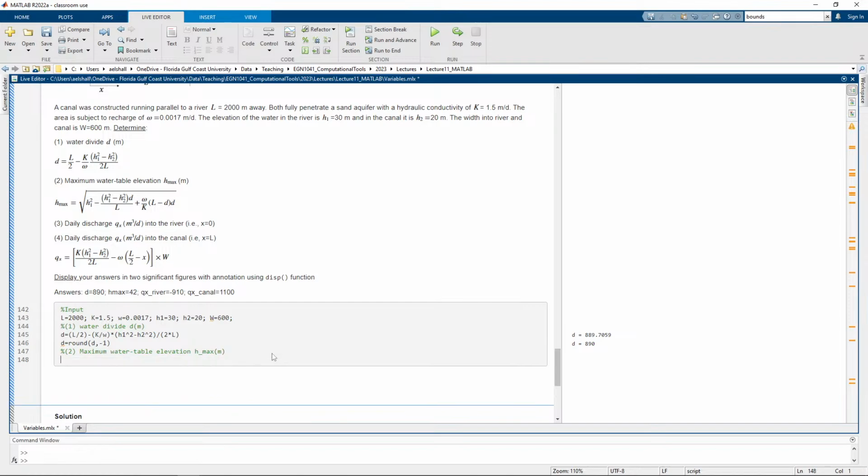Then I will say H max is equal to square root, remember to use the square root function, H1 square minus, we open parentheses, H1 square minus H2 square, close parentheses, times D divided by L, plus W over K.